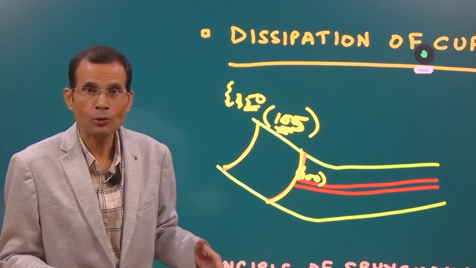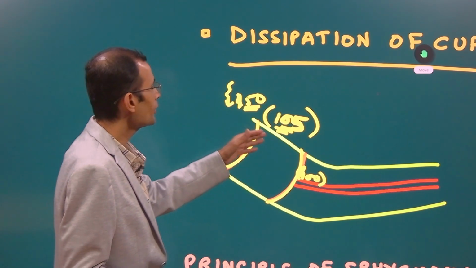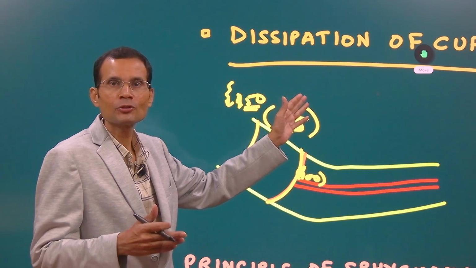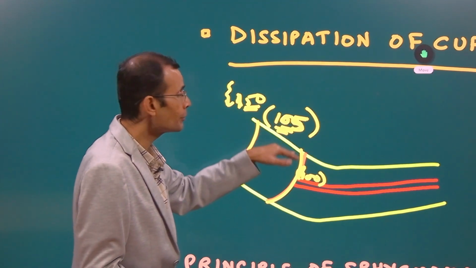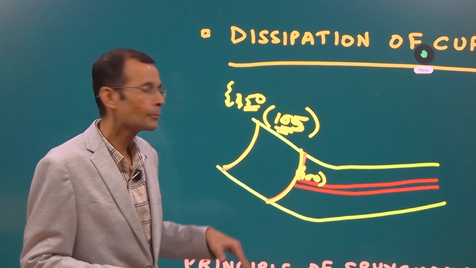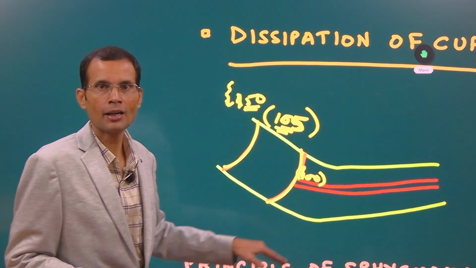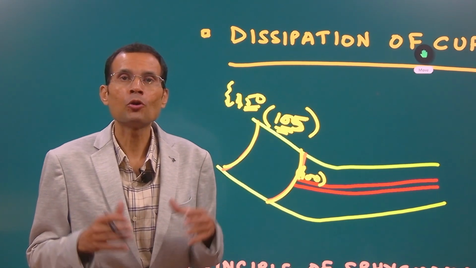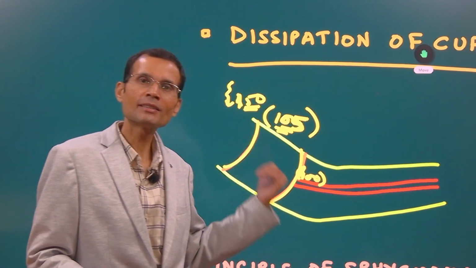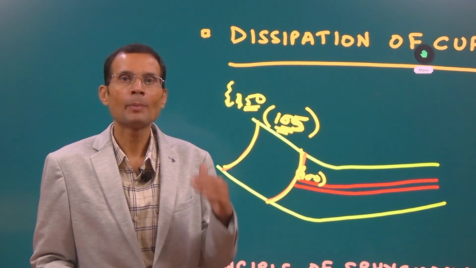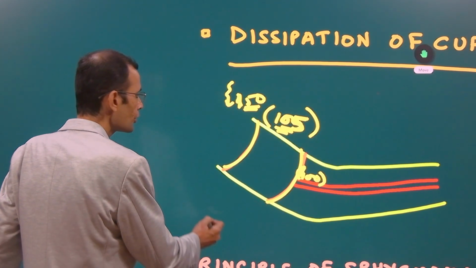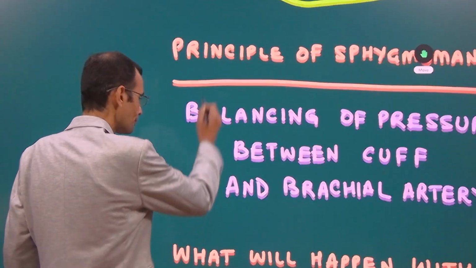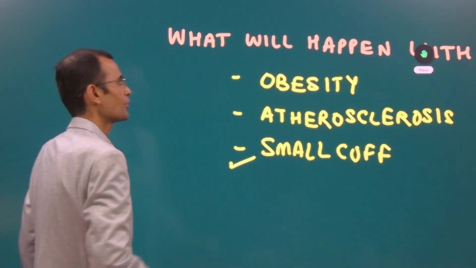So now in the obese individual, we will require, let's say, 106 or 107 mm of Hg, because now 7 mm of Hg will be dissipated because of his obesity, and therefore 100 will reach the artery. So in obesity, if we perform this same very experiment by sphygmomanometry, we will get even higher reading due to the extra tissue and therefore extra dissipation of pressure.